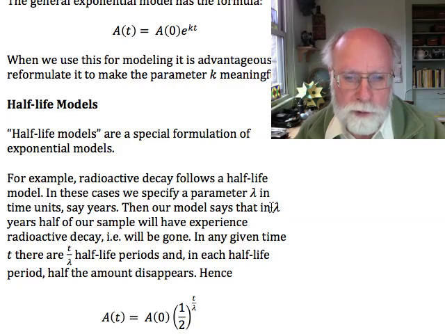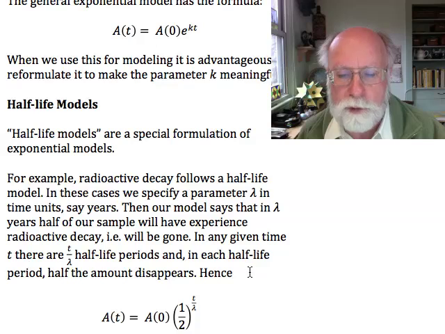Now, to make use of the half-life in our model, what we do is we note that every time we have a period of lambda years go by, we have to multiply by 1/2. The way to build that into a formula is to think of time as divided into half-life units. So you divide time by lambda, and that divides time into t over lambda units of length lambda, which is the half-life.